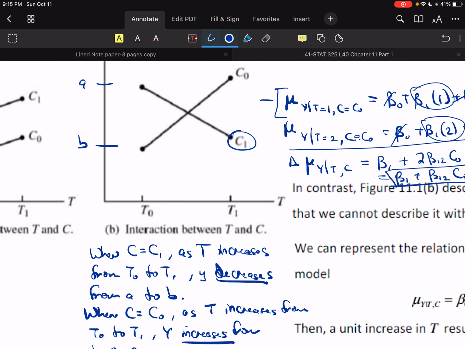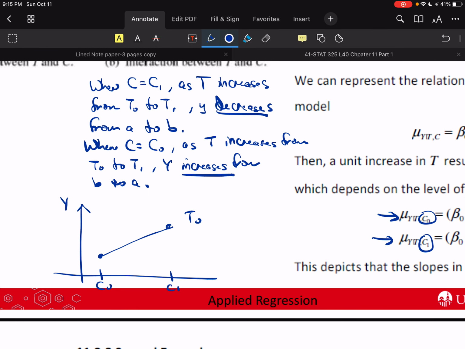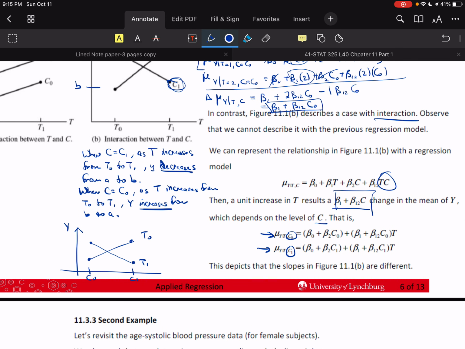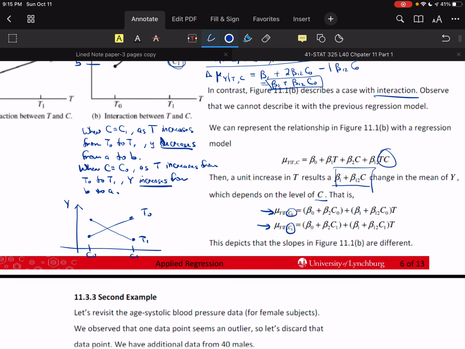And for c1, c0's up here, c1's down here, so y decreases as c goes from c0 to c1 for t1. So we can fix either one of these and talk about the other one, all right? And we can expand this to more than two variables, okay? But it's really hard. We can't graph it so easily, can we?